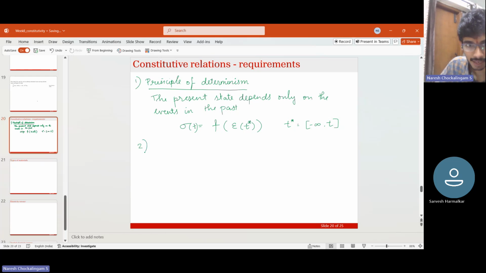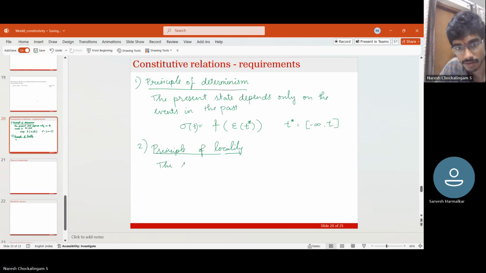The second idea, as you see in Sir's presentation, if you look at his notes, is the principle of locality. The principle of locality states that the stress at a given point depends only on the strains and the deformation at that given point.